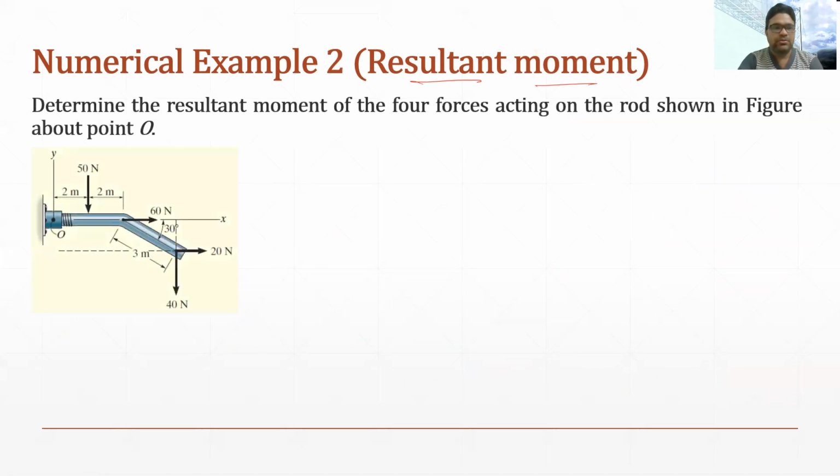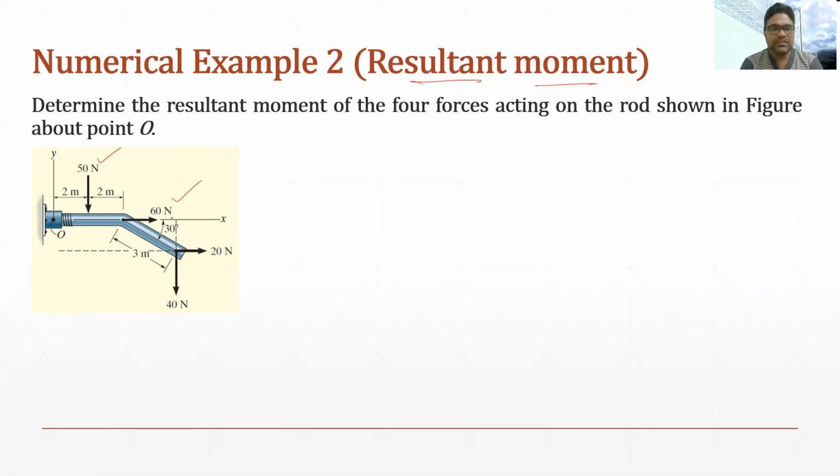Now this is the case. There is again a rod, and there are four forces acting on this rod. The first force is 50 Newton, which is acting 2 meter from point O. Similarly, the second force is 60 Newton.